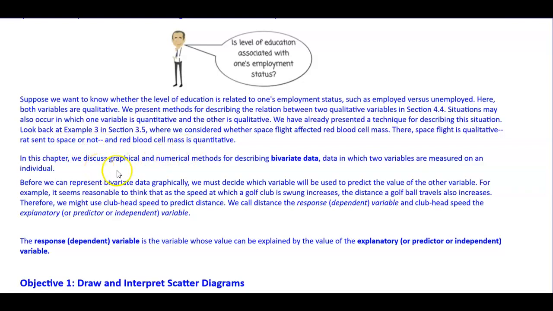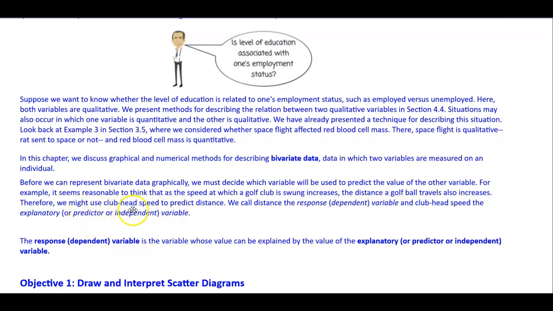Before we can represent bivariate data graphically, we must decide which variable will be used to predict the value of the other variable. For example, it seems reasonable to think that as the speed at which a golf club is swung increases, the distance a golf ball travels also increases.